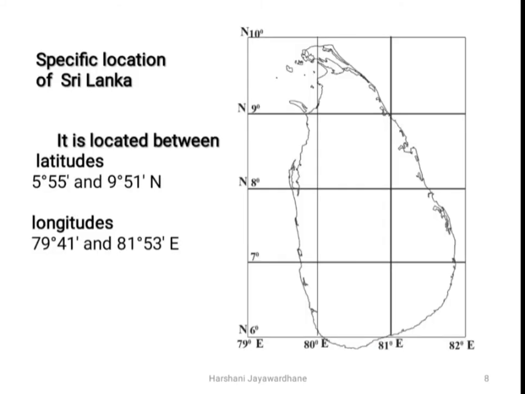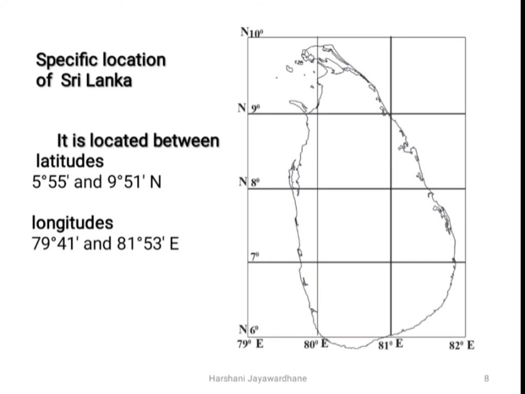Then a very important thing is the specific location of Sri Lanka. There you have to identify these two terms: one is relative, another one is specific. Relative means we can compare with others, compared to the Indian Ocean, comparing with India. But in a specific location, we do something special compared to the relative one.